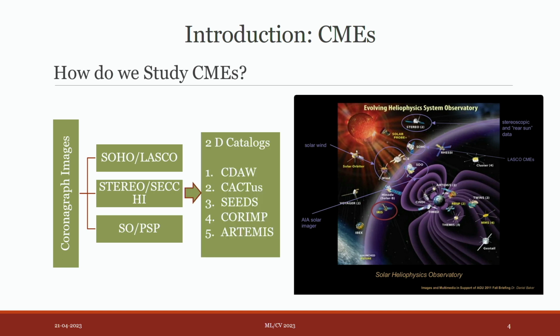And once we have these images, there are methods that have been developed to find their kinematic properties. Because as you have seen, CMEs are these fast eruptions from the sun, and studying how their kinematic properties change can help us in better understanding their arrival time predictions at Earth. I will come back to these 2D catalogs later because I have compared my results with the 2D parameters that have been noted in these catalogs.